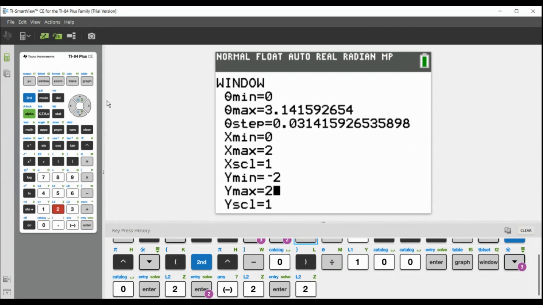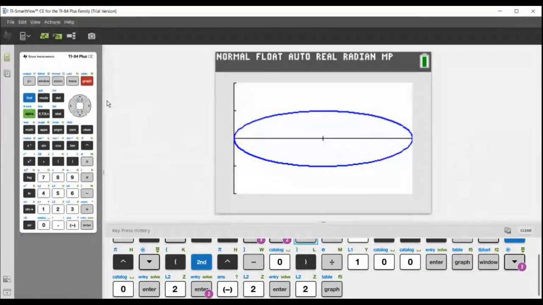Okay. And just pick a little bit better window, and that's not bad. Okay, and that's how you graph a polar graph on your calculator. This will now certainly allow you to finish your H.1 exercises on time for tomorrow.